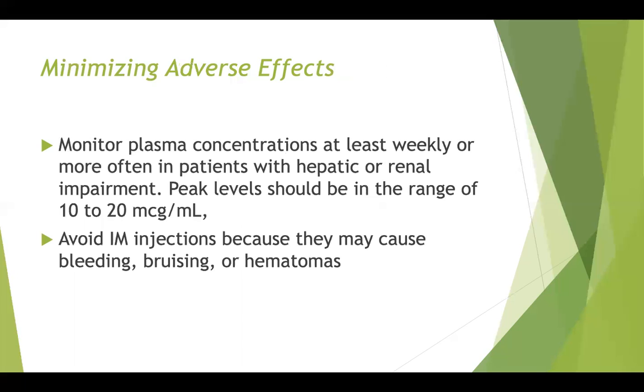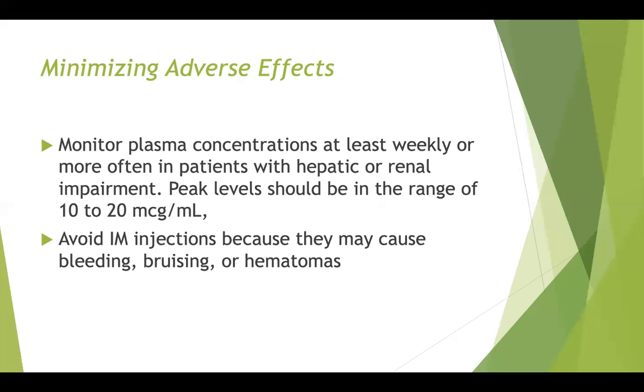Monitor plasma concentrations at least weekly, or more often in patients with hepatic or renal impairment. Peak levels should be in the range of 10 to 20 micrograms per liter. As I mentioned earlier, we monitor the levels of chloramphenicol in the body, but this is only for patients with hepatic and renal impairment.